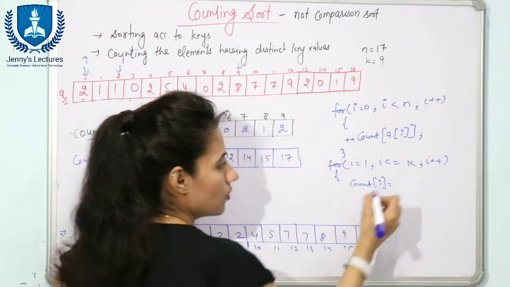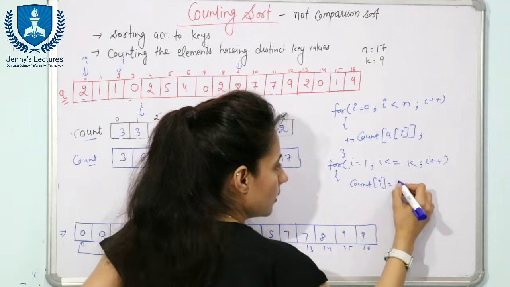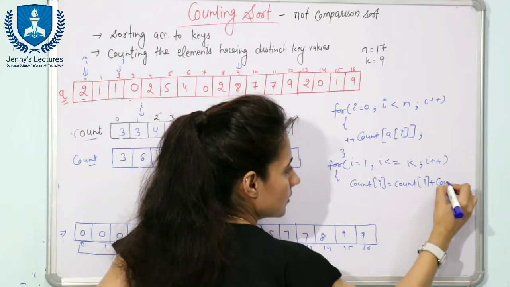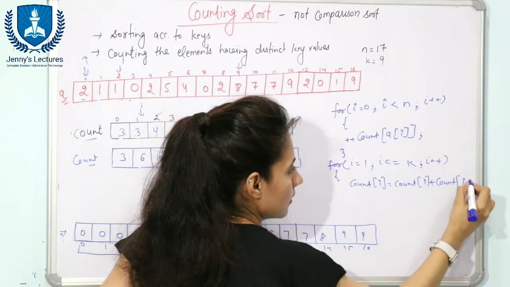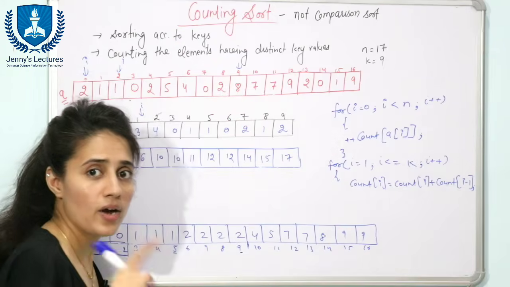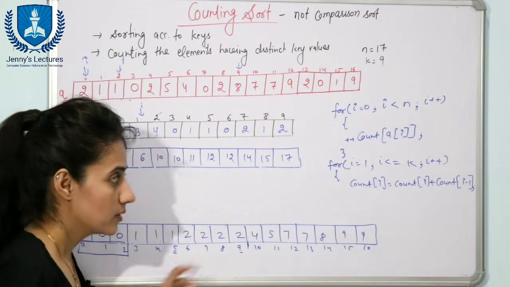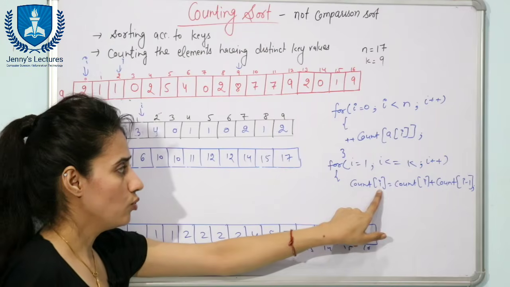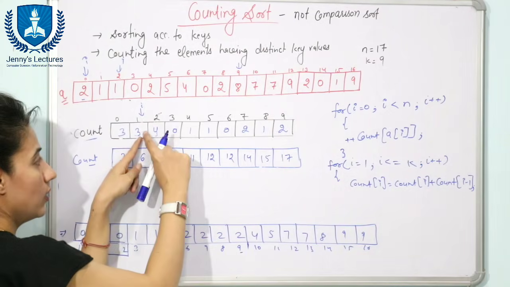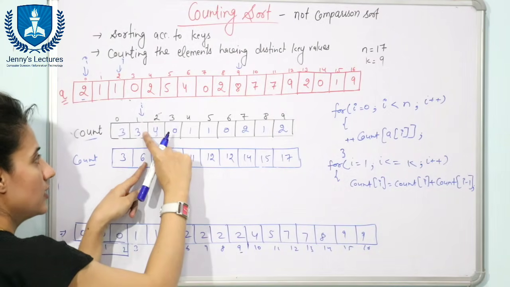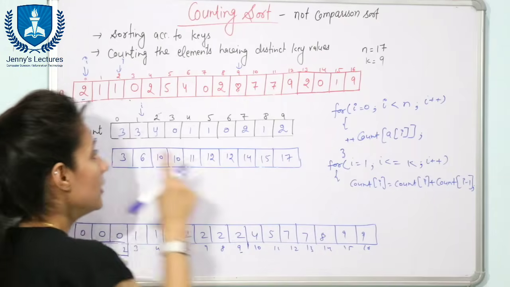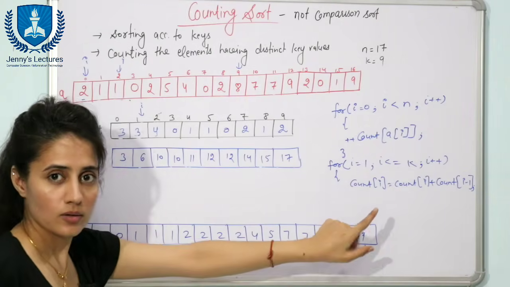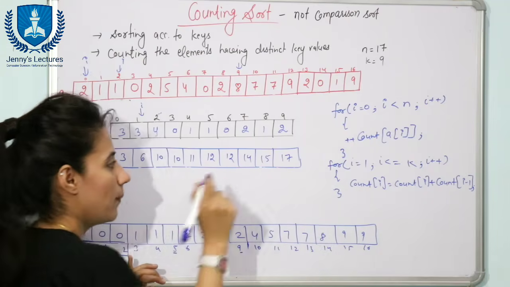This count of i would be count of i plus count of i minus 1. See, we have started from 1, that is why count 1 would be 3 plus 3, that is 6, meaning count of i plus the previous value, i minus 1. Fine, so this is how we are going to update this array.